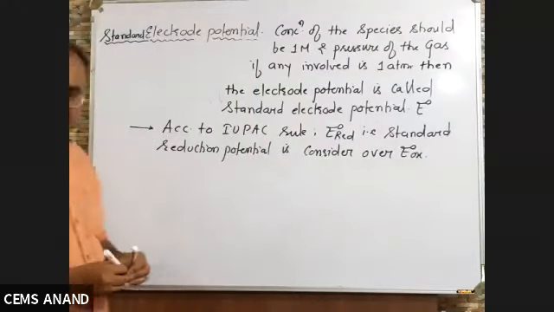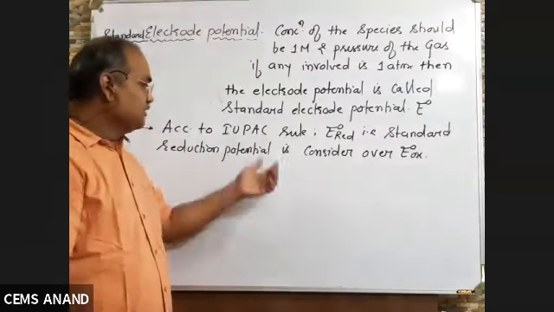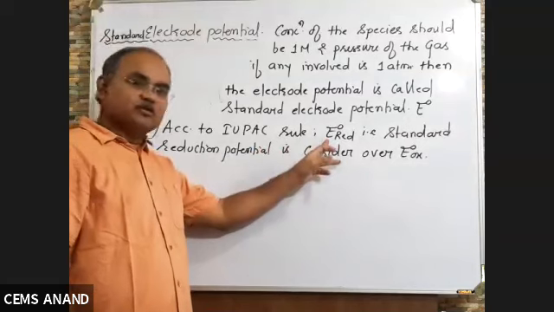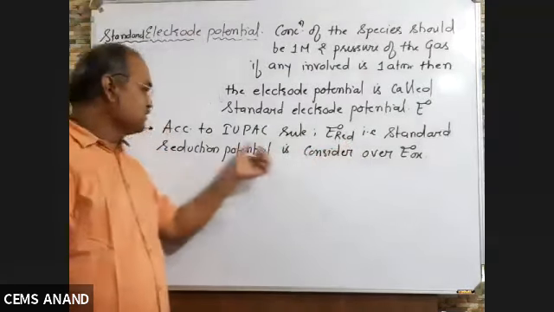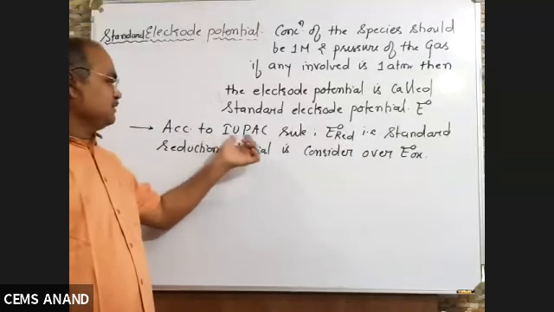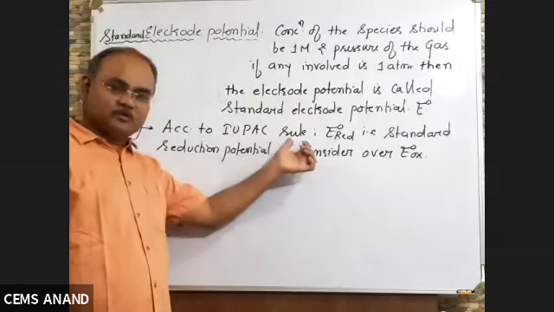So whenever in exam you are writing any theory or any rule or any numerical you are doing, you have to write it in terms of reduction potential, because reduction potential is to be considered as the main value according to IUPAC rule.